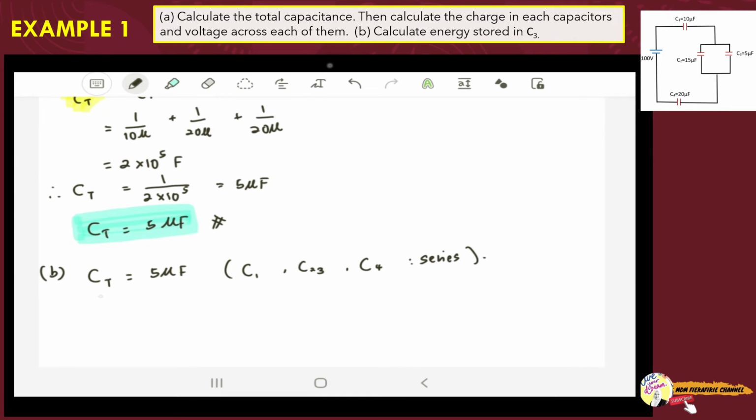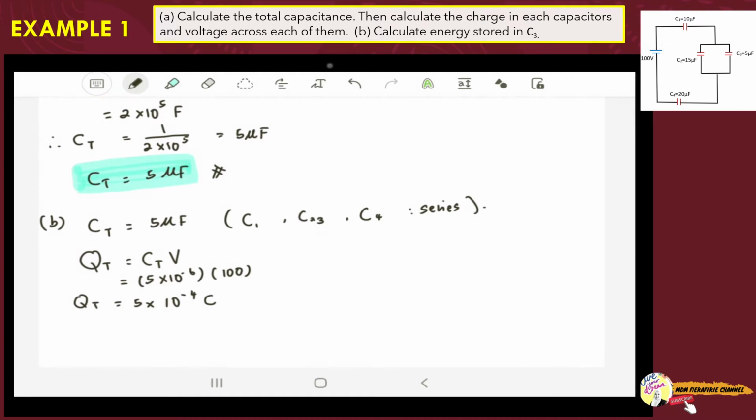Okay, so we can find Q total and it's equal to C total times V. Okay, so C total is equal to 5 microfarad and times the voltage supplied to the circuit is 100 volt. Alright, and Q total is equal to 5 exponent negative 4 coulomb.